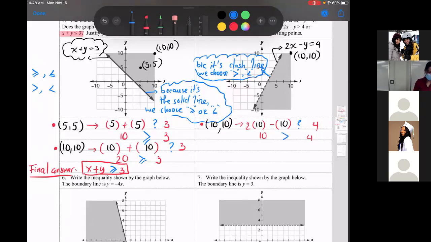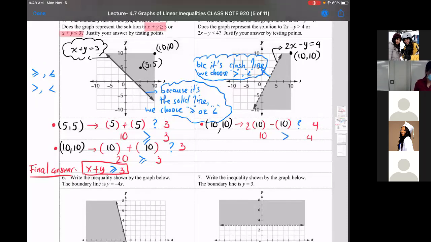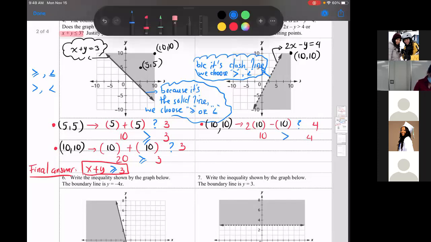Pick another point. Pick like an x-intercept or something like that. Make your life easy. Is 6 comma 0 good? 6 comma 0, right? That's the x-intercept. And then 2 times x minus y, compared to 4.